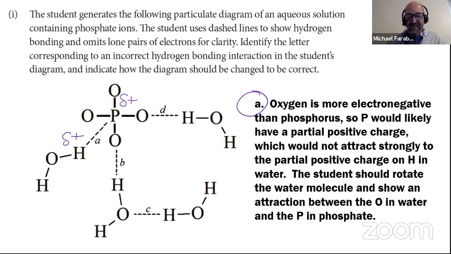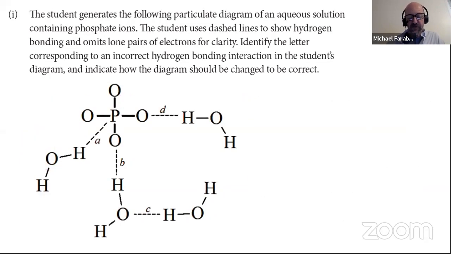So here we have the mistake based on charges. The student should rotate the water molecule and show an attraction between the oxygen in water and the phosphorus in phosphate. They're saying that the partial negative of water should have been oriented toward that partial positive. Okay, that was one approach.